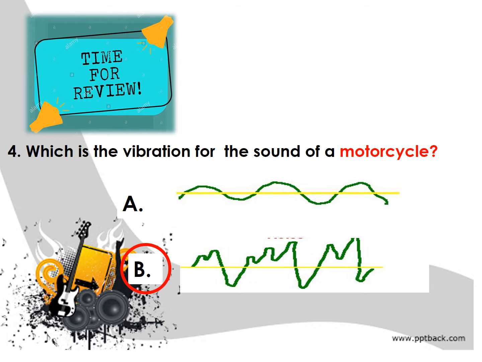So the vibration for the sound of a motorcycle would look like this. Why? The sound of a motorcycle is an unpleasant sound, or an irritating sound, or a noise. So the vibration of an irritating sound is irregular and disordered.